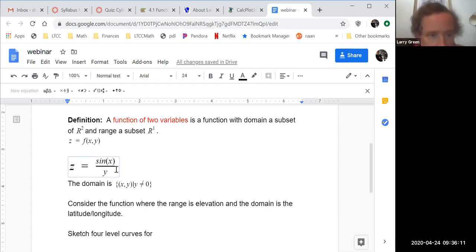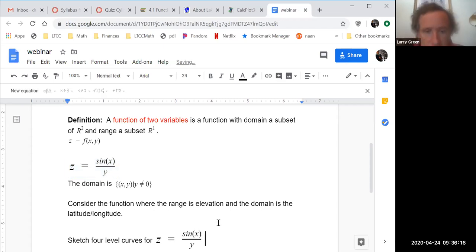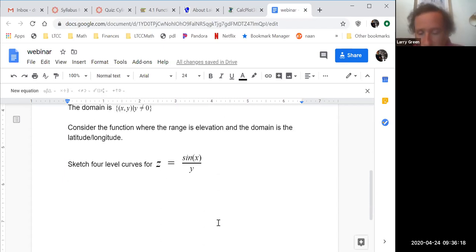Actually, let's just do this one. z equals sine of x over y. Any questions on the question?